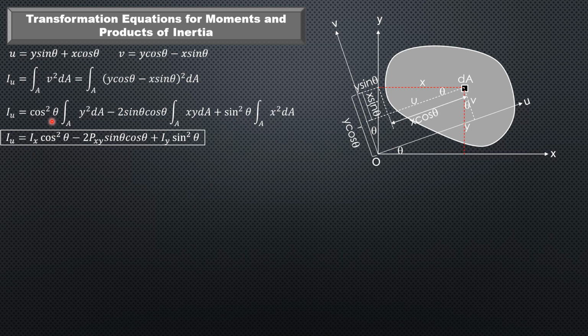Likewise, Iv is the integral of u squared dA, and u is the quantity y sine theta plus x cosine theta, squared, dA.